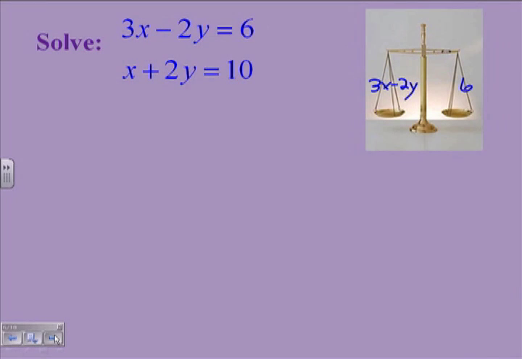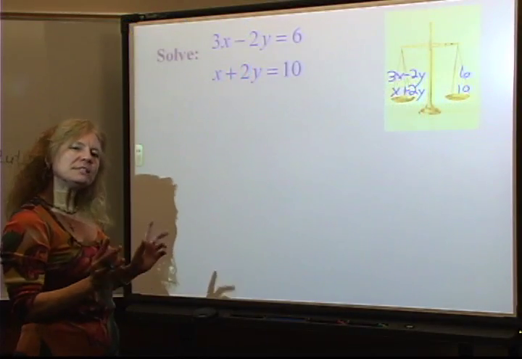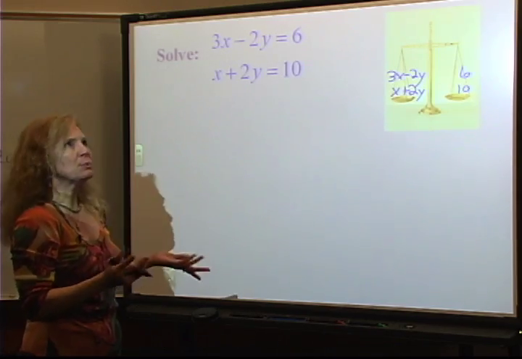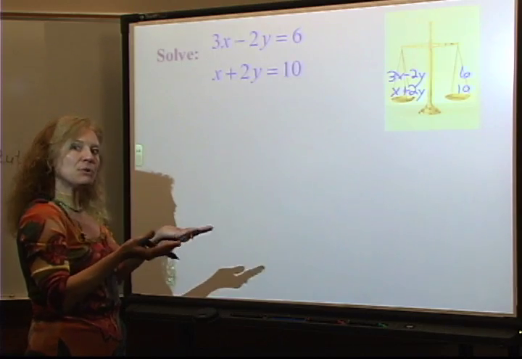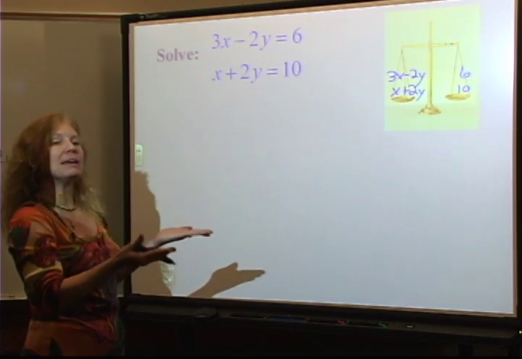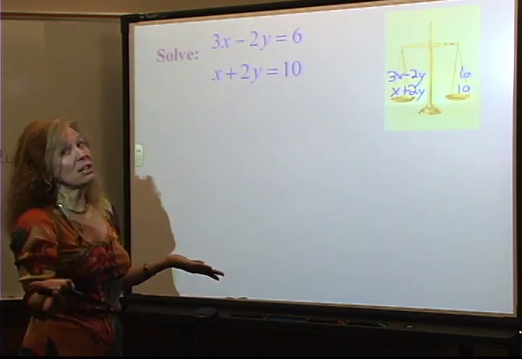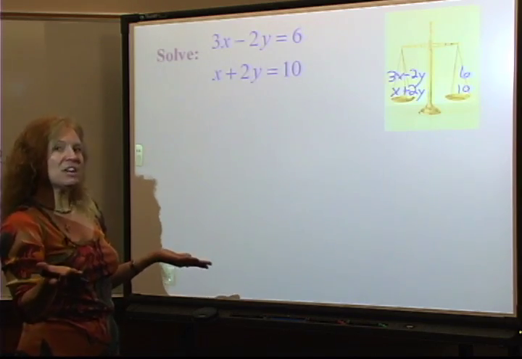So do you realize that if I add the x plus 2y on the left side, and I add the 10 on the right side, won't that stay in perfect balance? If you understand the concept of equations, you'll realize, well, yeah, if I'm adding two equations together, it makes total sense that it's still going to be in perfect balance. I still have a valid equation.